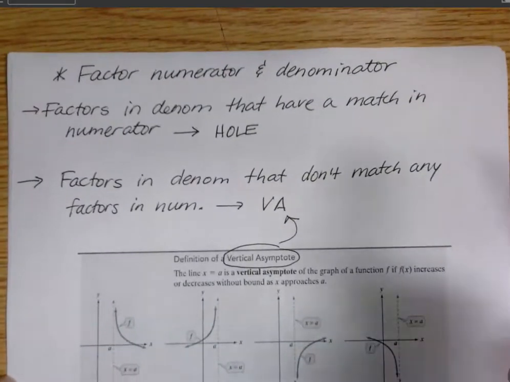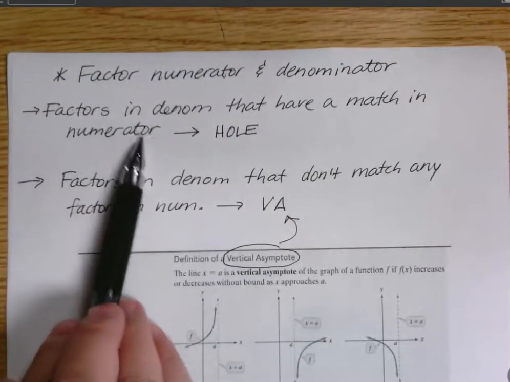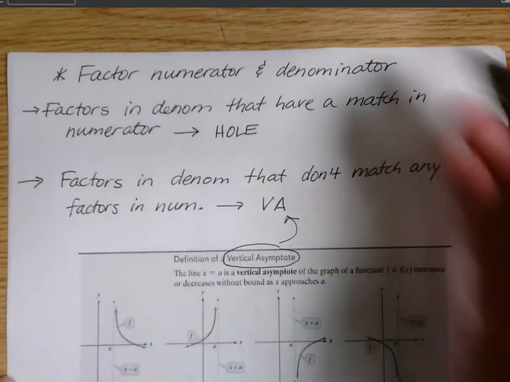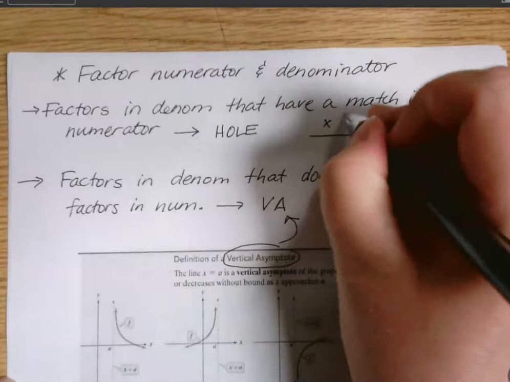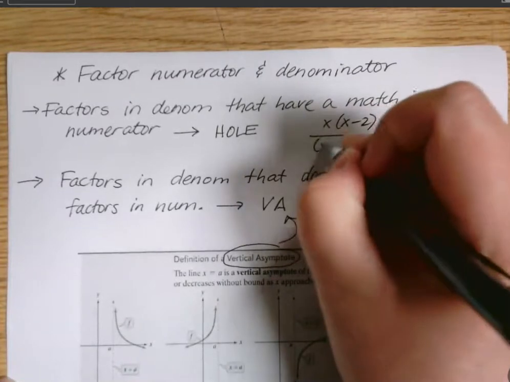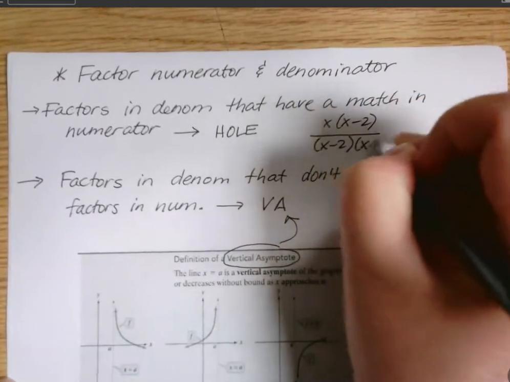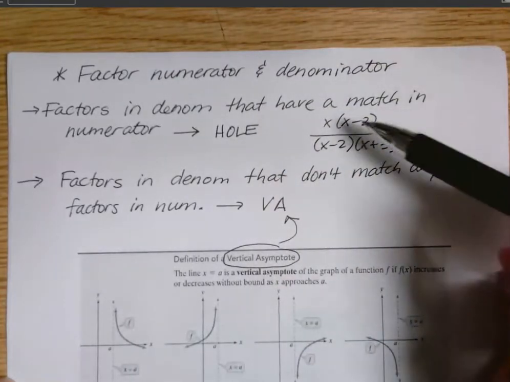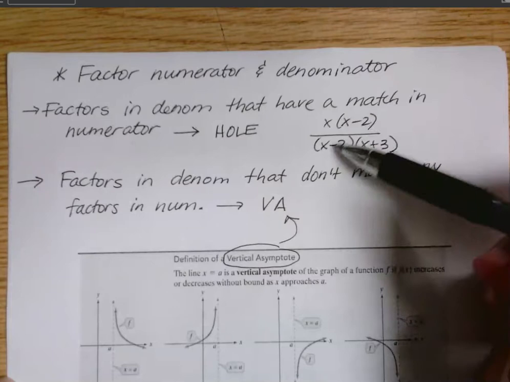Now let me point out what I'm saying. Another way of saying this: factors in the denominator that have a match in the numerator mean factors that would cancel. Say you get it factored and you say, oh, I've got x minus 2 on both top and bottom. That indicates there is a hole at x equals 2.